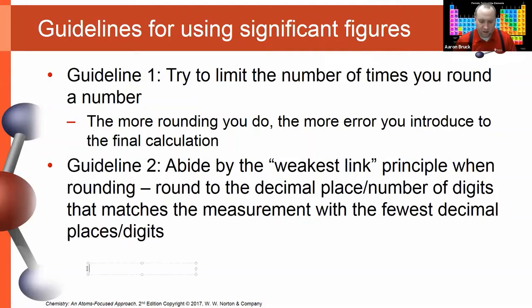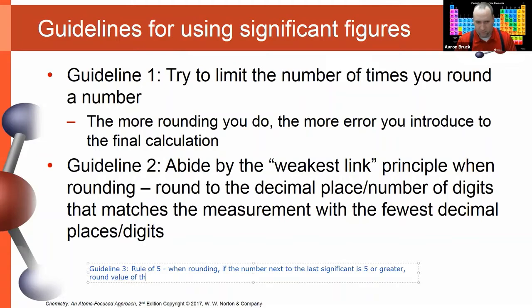The other guideline here that you'll want to add is something that we call the rule of fives. If the number next to the last significant digit is 5 or greater, you're going to round up.